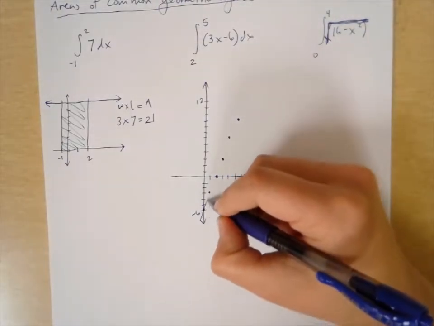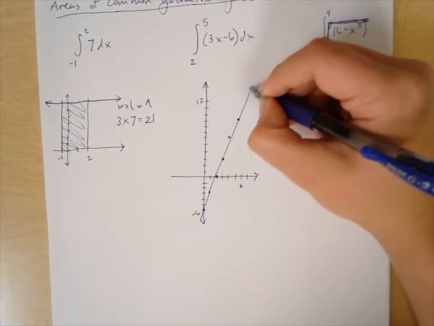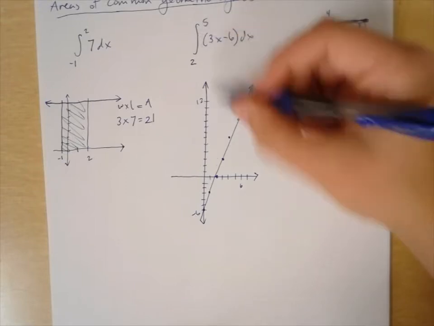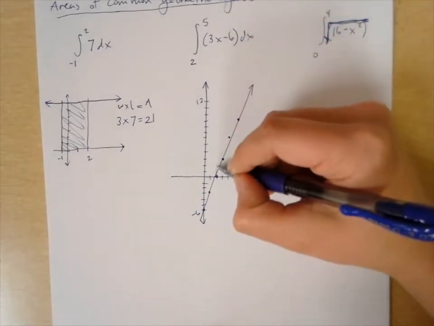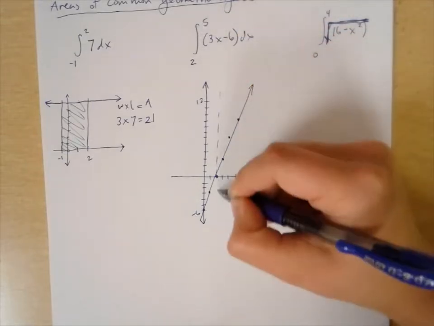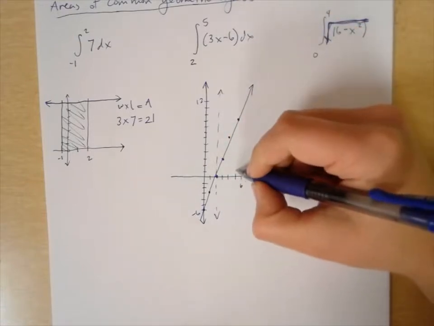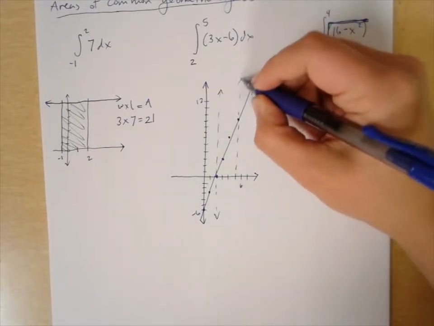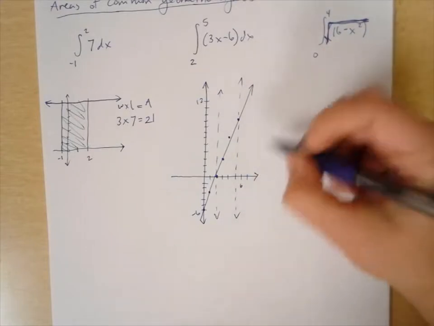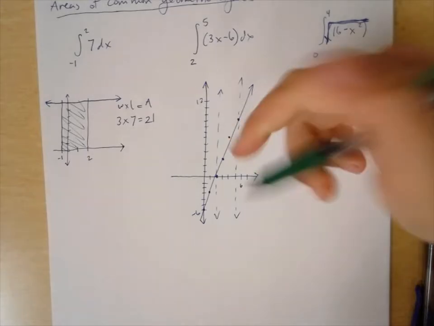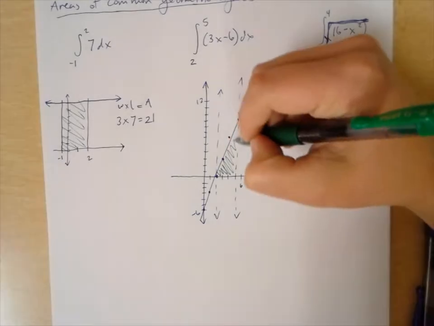All right. So now, once I connect those points, I can take a look at my boundaries. I'm interested from 2, just going to draw a little dashed line where my boundaries are, to 5. And 5 is right here, that last point that we made. And so I can see that the area I'm looking for is this triangle right here.